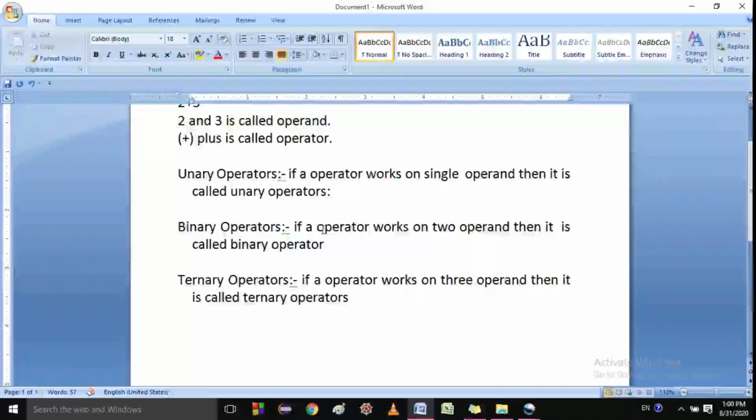I am discussing binary, and inside binary there are arithmetic operators: plus, minus, multiply, modulo, and division.